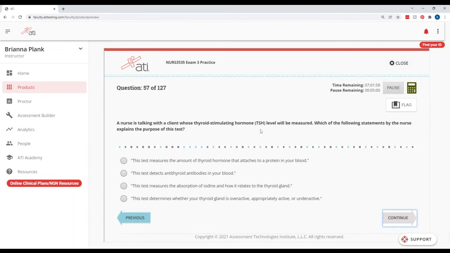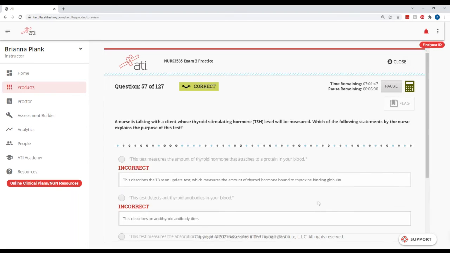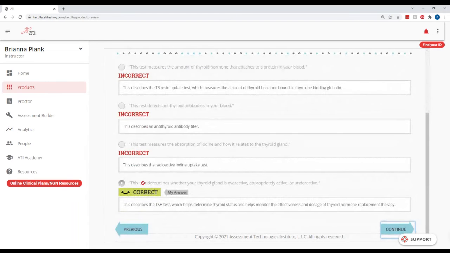Okay, we're going to measure the TSH level. Which of the following statements explains the purpose of this test? So this lets us know how much thyroid stimulating hormone is being released.